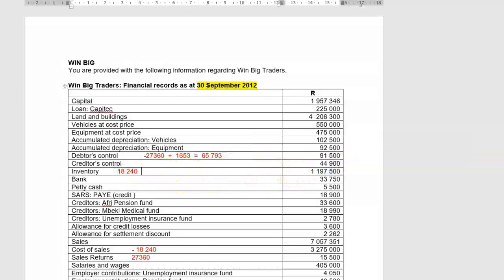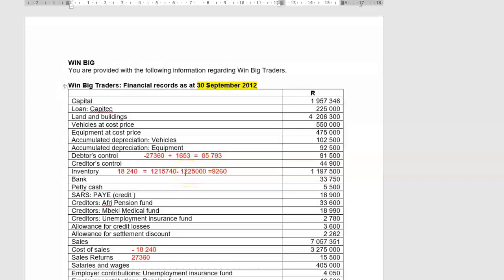So if we're going to add that 1,197,500 plus the 18,240, we're going to see that the current balance on our inventory account is 1,215,740. We have, however, had a physical stock count, and that physical stock count equaled an amount of 1,225,000. So therefore, we're going to need to adjust our inventory with an amount of 9,260.